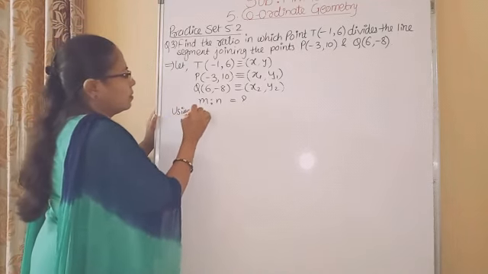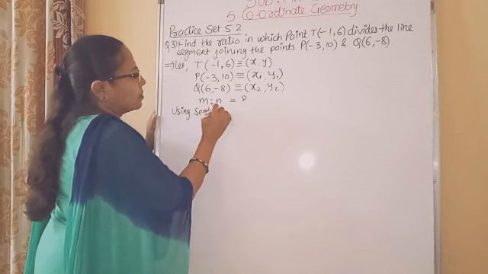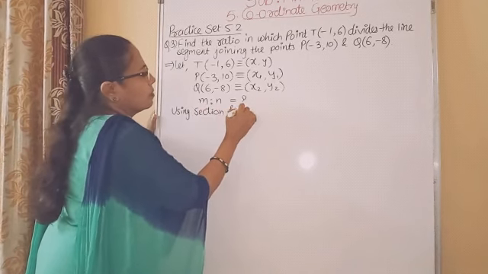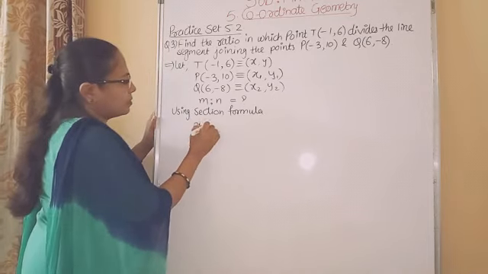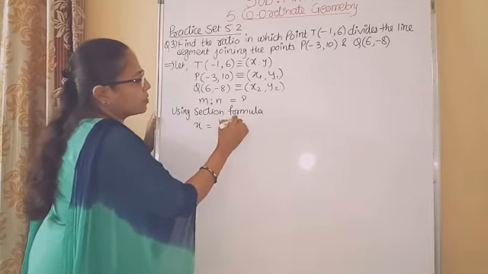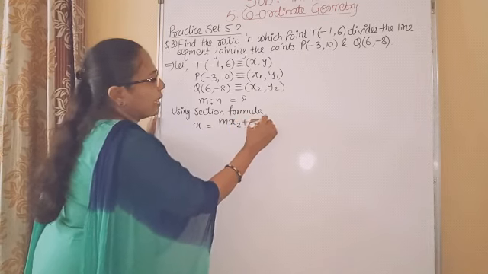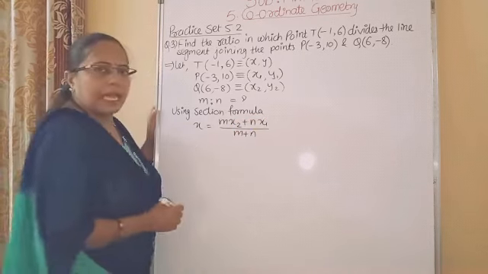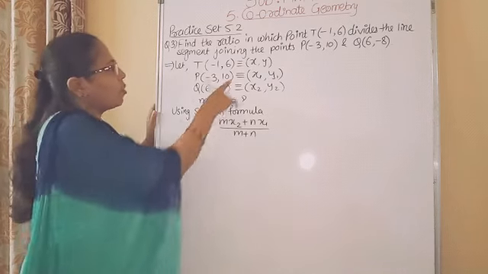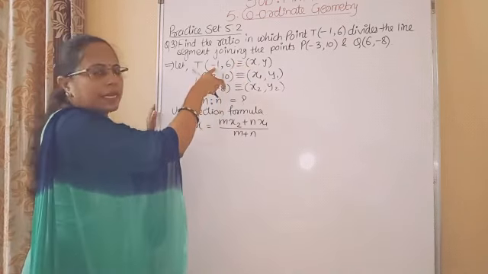Using section formula, x coordinate is (mx2 + nx1) upon (m + n). Now here the value of x we have negative 1.